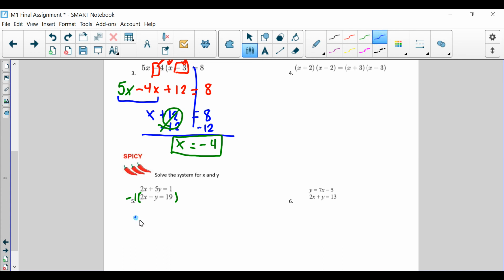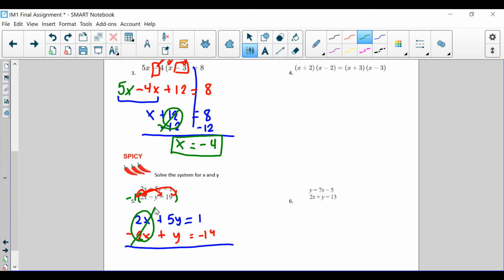Going to rewrite the top one, 2x plus 5y is equal to 1. Then the negative, we're going to just distribute. And so we end up noticing this becomes a 0 pair.